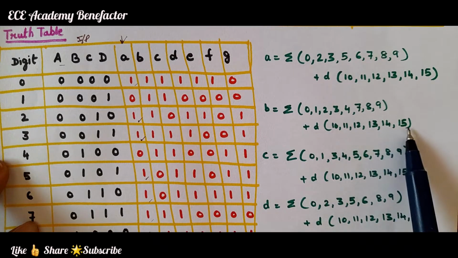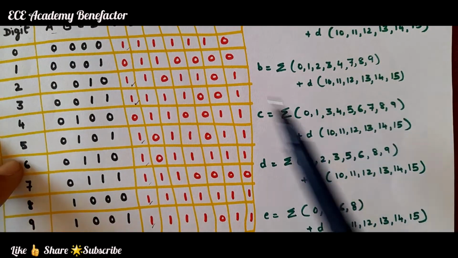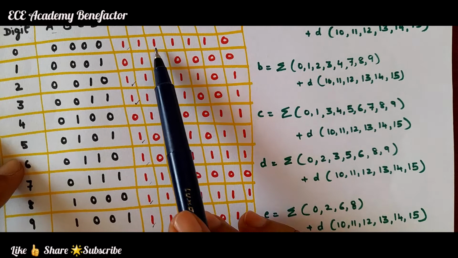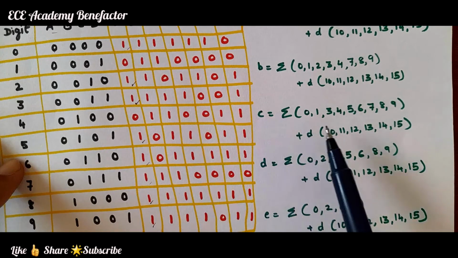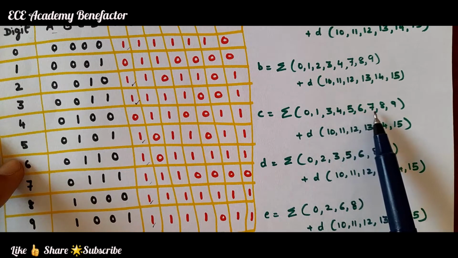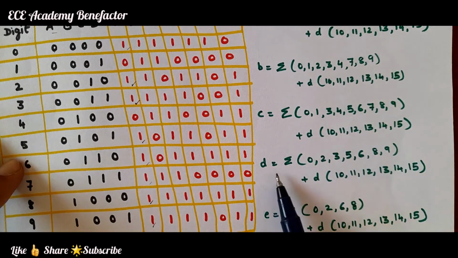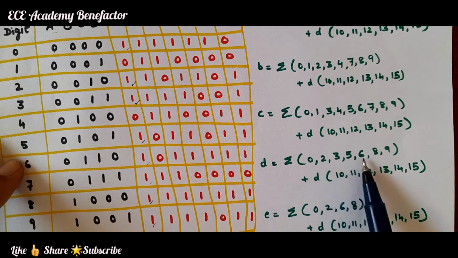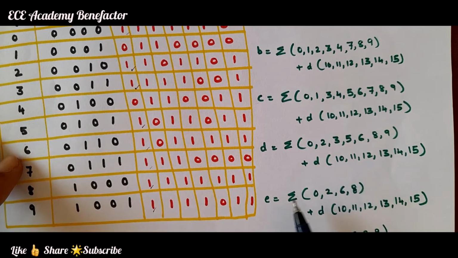13, 14, 15. Now coming to C, C is high at 0, 1, 3, 4, 5, 6, 7, 8, 9, don't care terms are 10 to 15. D is 1 at 0, 2, 3, 5, 6, 8, 9 plus don't care terms.